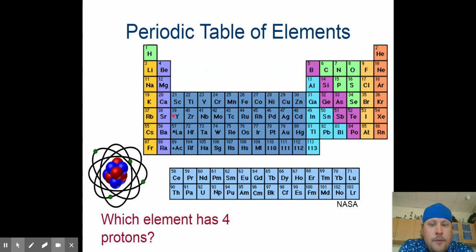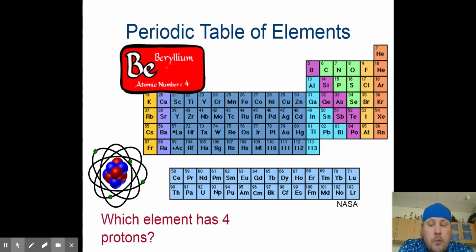The symbol is usually a series of 2 letters, sometimes 1 letter, that helps us identify the element. So when we look at 4, we can find out that it's beryllium. Beryllium has an atomic number of 4. What that means is it has 4 protons, and possibly the same, if not slightly different, number of neutrons. We'll talk about that in a little bit.